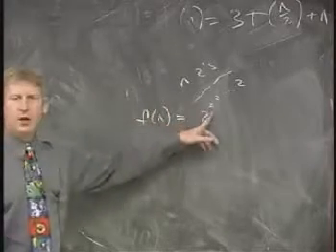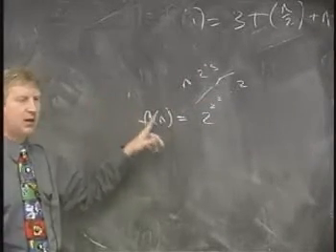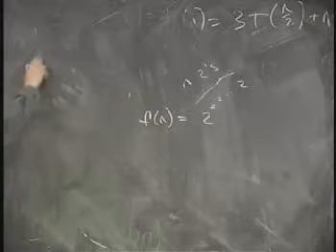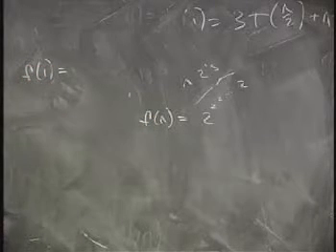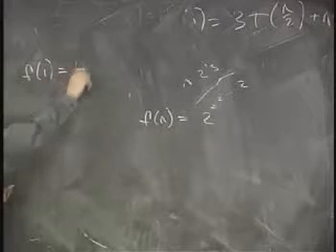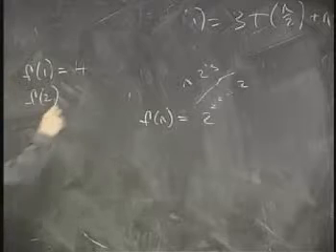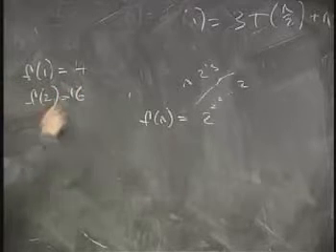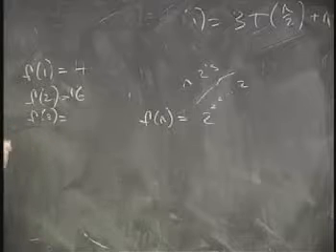This function takes a number and raises 2 to the power in a stack as many times as that number is. So for example, f of 1 means you have just one stack of 2's on top, so that's 4. F of 2 is going to be 16. Good. F of 3 is going to be, no, 2 to the 16.